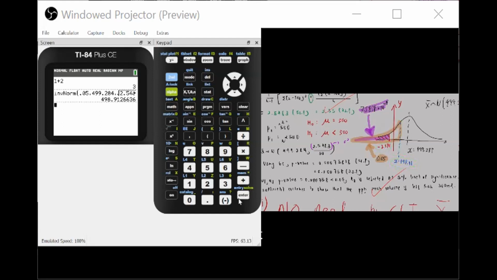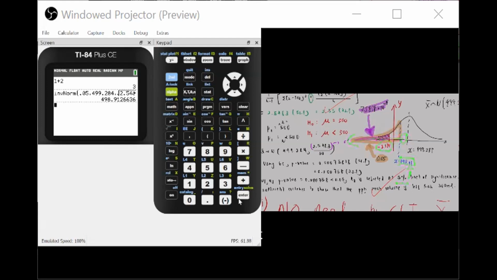So when I reject, I follow the inverse norm, the value that I get from the 5%, and you get 498.91. Then because the -3 lies within the critical region, you reject. Yes, correct.